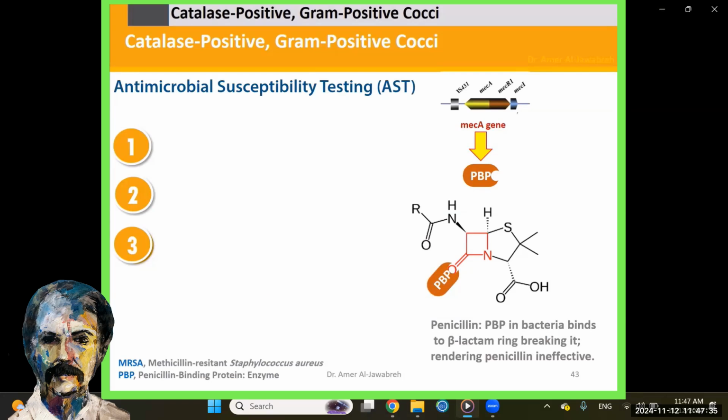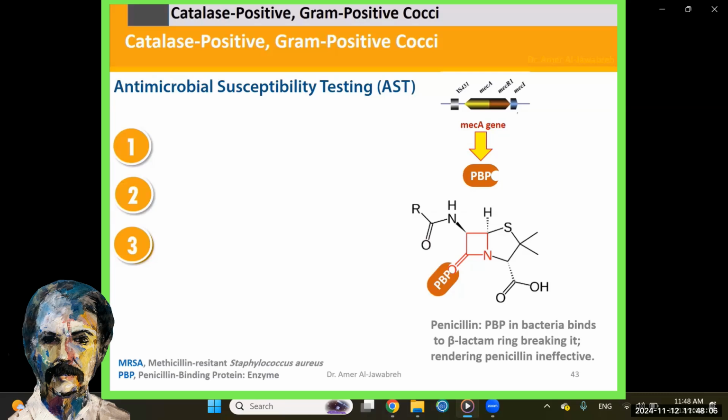MIC-A gene is in certain Staph aureus, which causes what? It causes the bacteria to become resistant and to produce PBP. What is PBP? It's penicillin binding protein, which is an enzyme. What does this do?